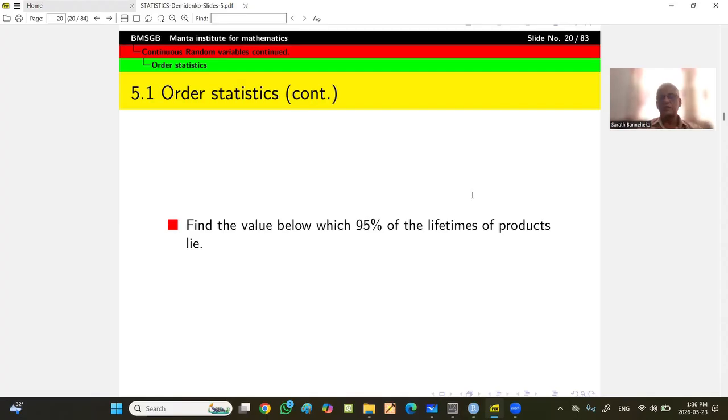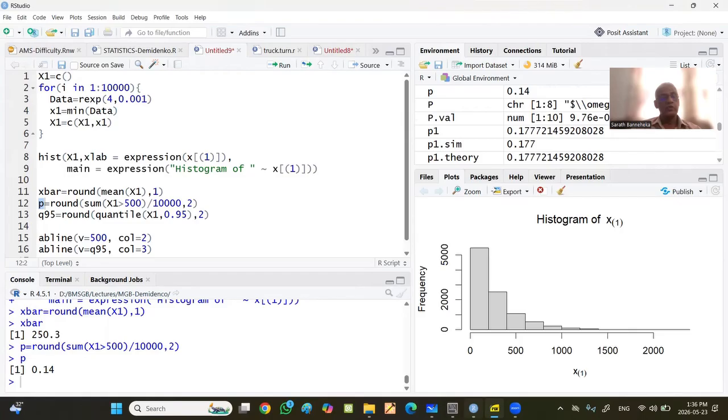But you can get the answer approximately, a very good estimate, by just finding the 95th quantile of these 10,000 values of x1 we have. So let me find the 95th quantile of these x1 values and then round that quantile to 2 decimal places, because otherwise it could give me a large number of decimal places.